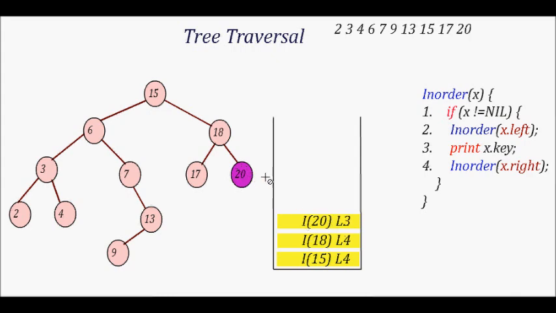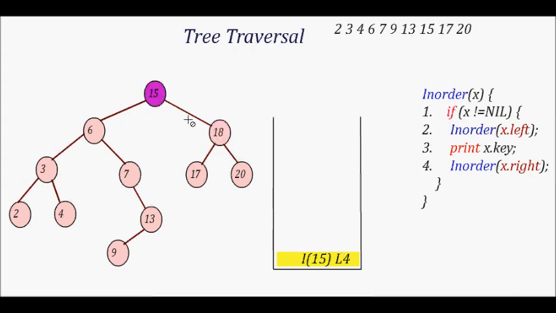Okay, and after that 20 is printed, and then before that in fact 18 should have been printed. Okay, here, so after 17, before going to 20, 18 should have been printed, which I forgot. Okay, now 18 is also done. Okay, and from 18, now its right child is printed, so it returns back to node 15.